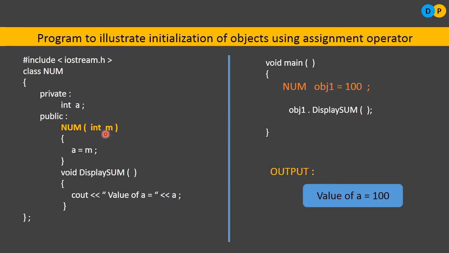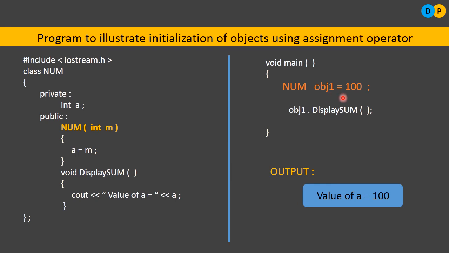Please notice here, the constructor has only one argument, and this argument needs to be initialized. If you want to pass or initialize only one value by an argument, then that is possible with the third method, initialization using the assignment operator. So here we have taken help of the assignment operator.